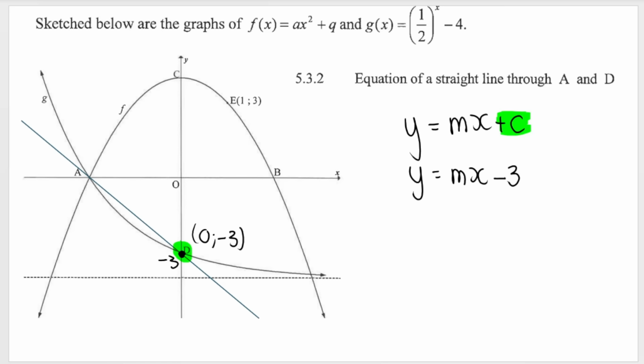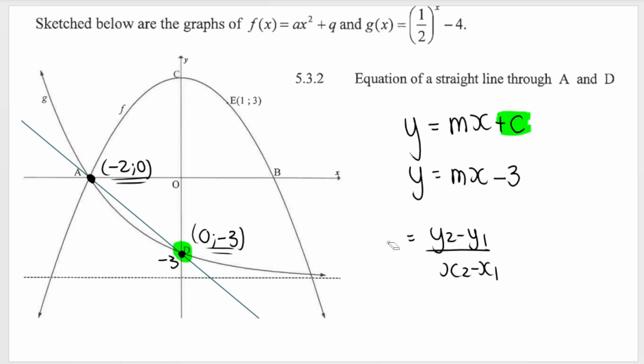You can either use the gradient formula, which, if you don't know what that is, goes change in y over change in x, or y2 minus y1 over x2 minus x1. If you're going to use this formula, you need 2 coordinates, which we do have. We know A, which we found earlier, and we know D, which we found earlier. You do y2 minus y1, x2 minus x1, you get the value for m.